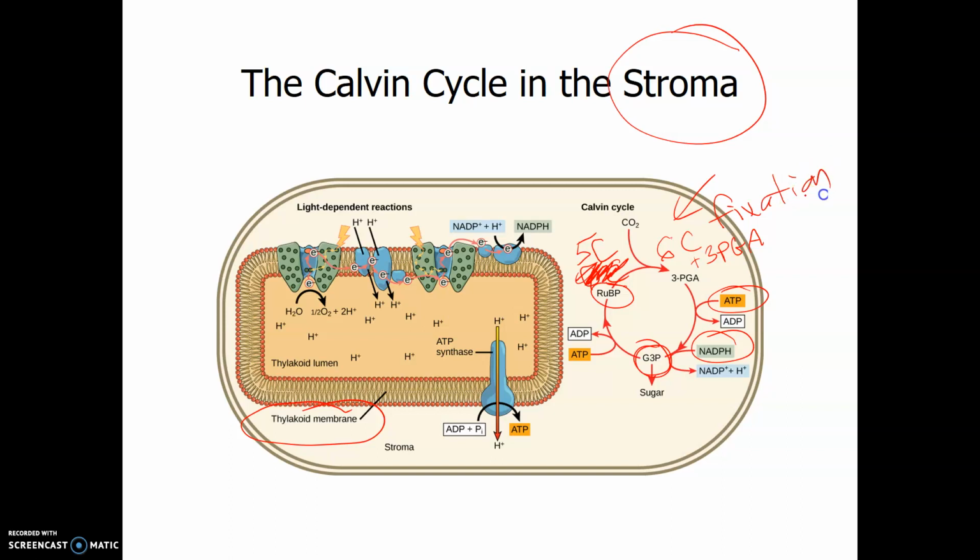The second step is reduction, and you can see why, because what is contained in that hydrogen atom is a hydrogen ion and an electron, and it gives that electron to 3-PGA to form G3P. The G3P is the molecule that's used for food by the plant, but some G3Ps are recycled, and ATP is used to recycle them back into RuBP.